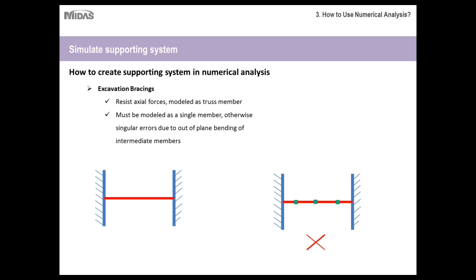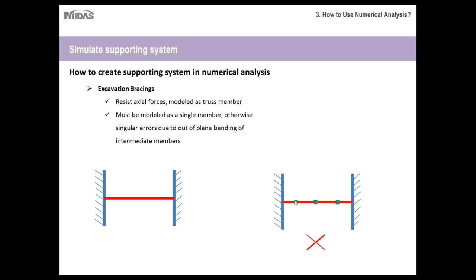Then excavation bracing. Since excavation bracings resist axial deformations or axial forces, we model them as truss members and not as beam members. And since we are modeling them as truss members and there is actually nothing outside the plane to support it, if you divide this member into a number of smaller pieces or smaller members, then this will cause errors in your analysis.